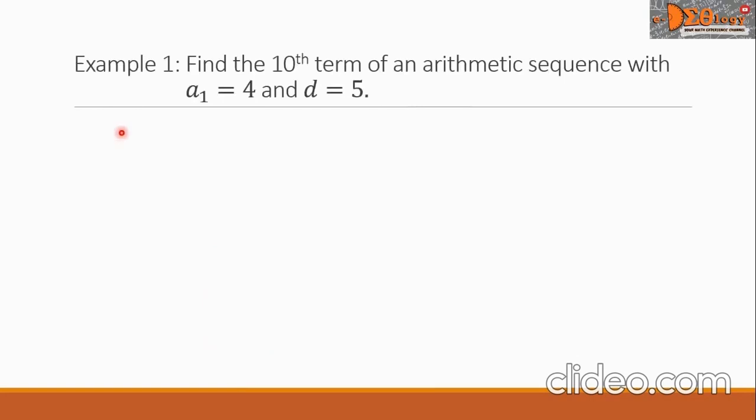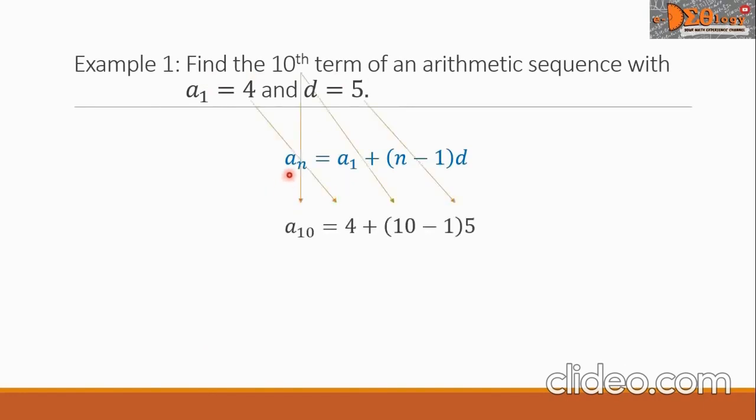Let us have example 1. Find the 10th term of an arithmetic sequence with A sub 1 equals 4 and D equals 5. The formula is given here. Let us substitute the values. The A sub n means A sub 10.